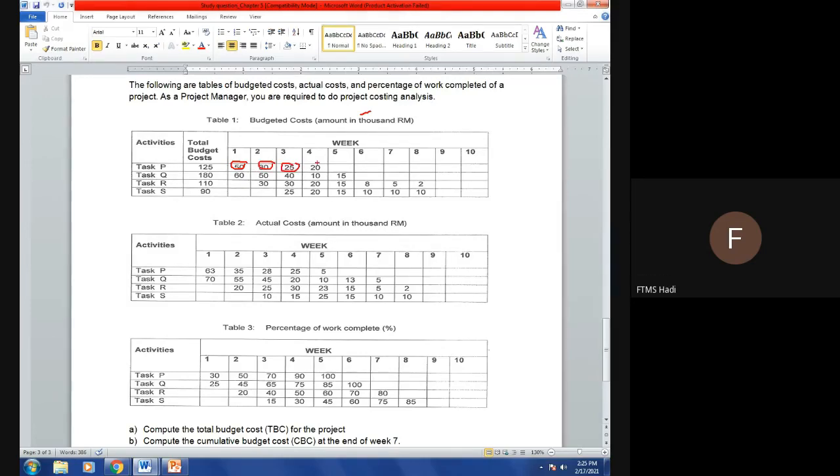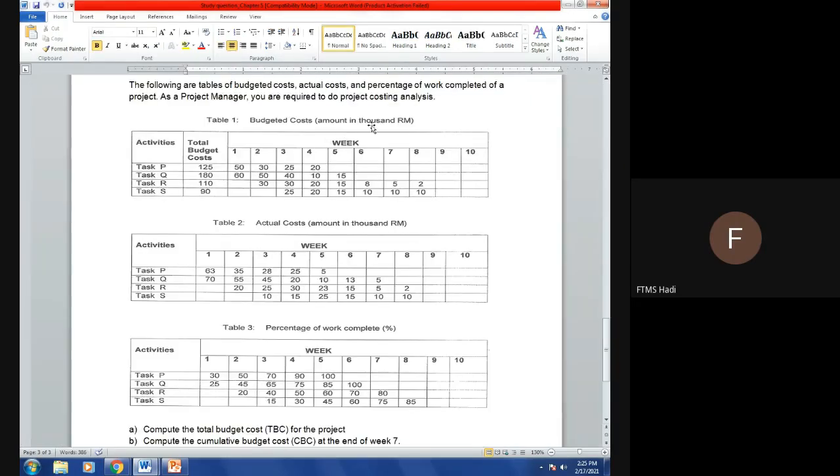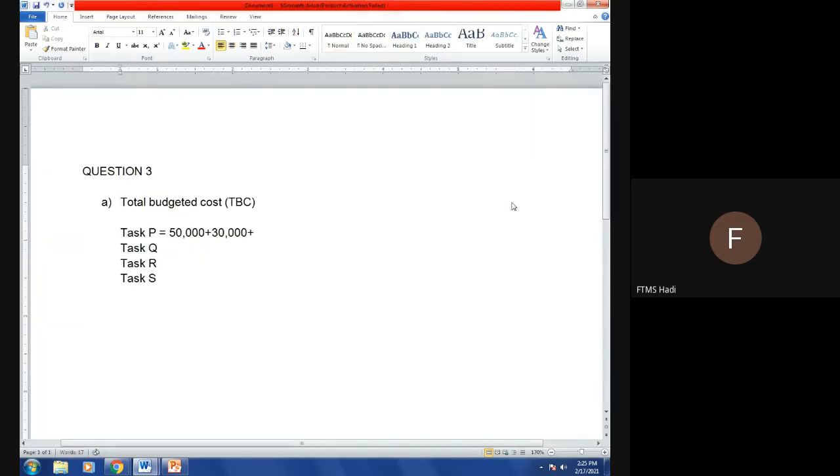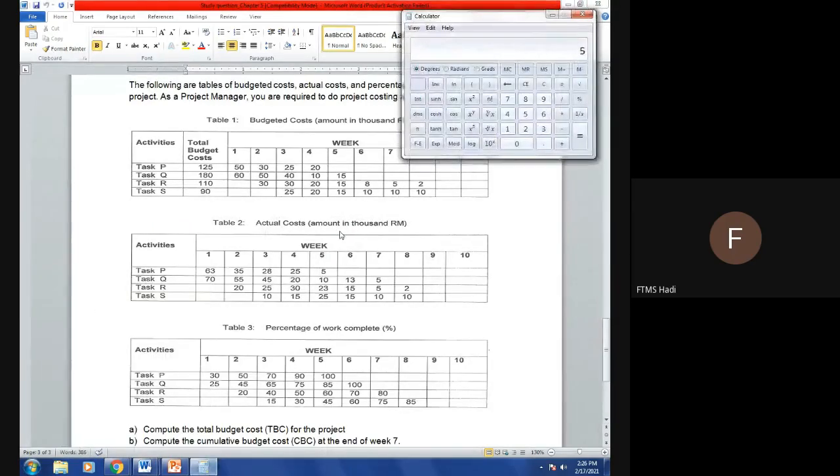For task P, it is everything there: 50,000 plus 30,000 plus 25,000 plus, sorry, 20,000, not 10,000. Because the amount is in thousands of RM, you need to put 000. If you press the calculator, you will get the desired answer: 50 plus 30 plus 25 plus 20, and then 125,000.